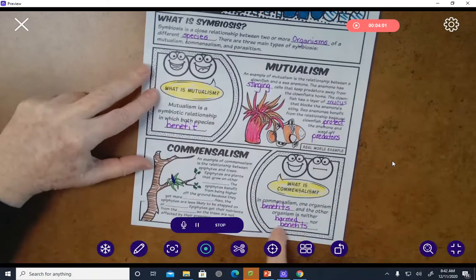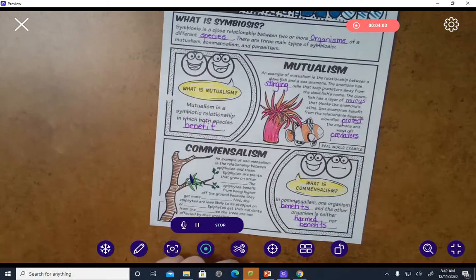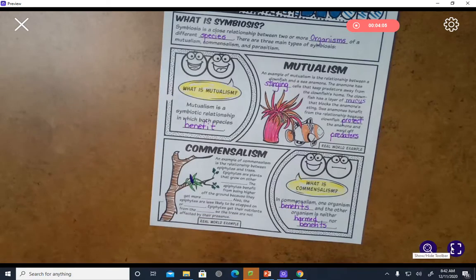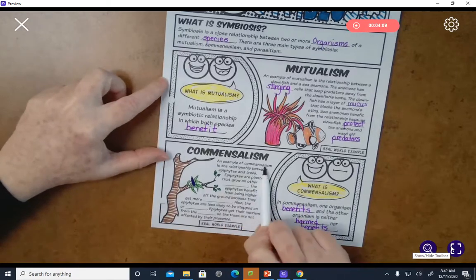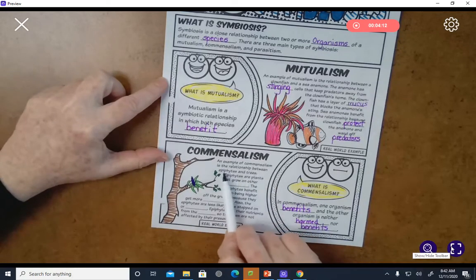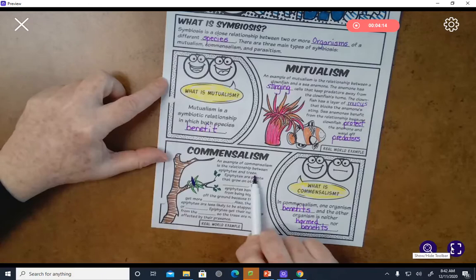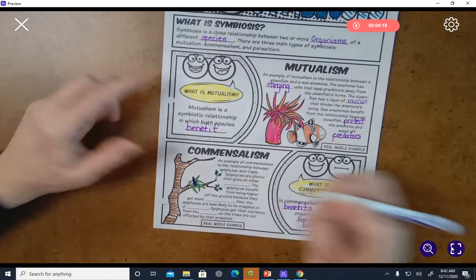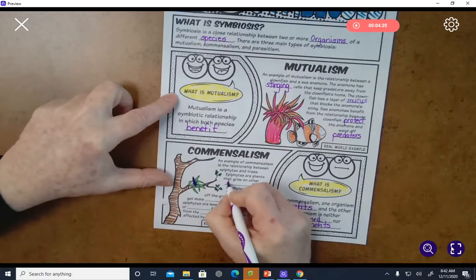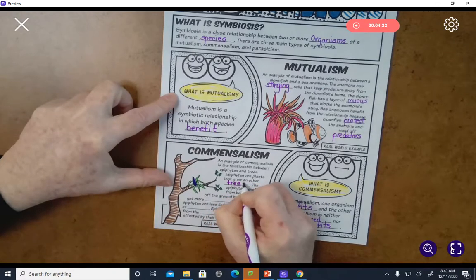Let's look at the real world example. An example of commensalism is the relationship between epiphytes and trees. Epiphytes are plants that grow on other, let's just write trees here, or other plants.